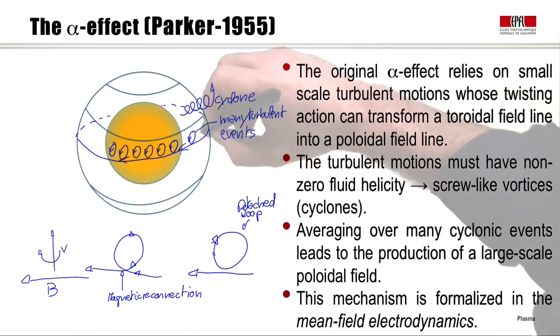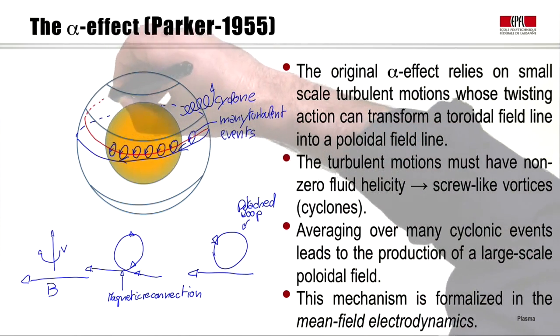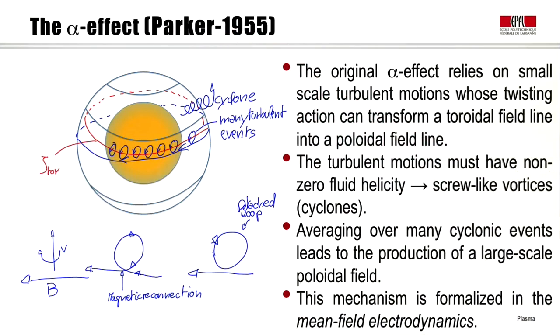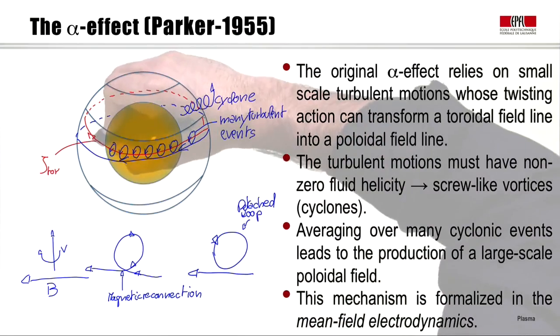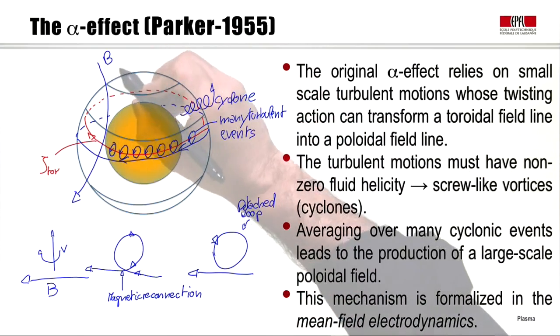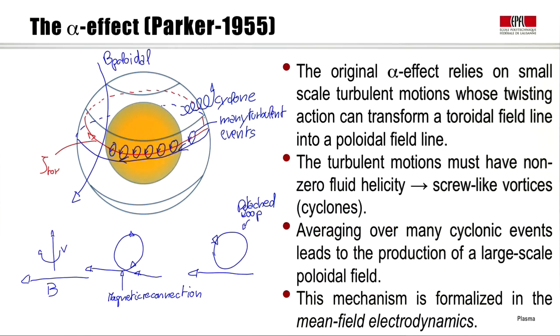This can be observed in this figure, where the combination of many turbulent events results in an equivalent generation of a toroidal current, a microscopic toroidal current, which in turn would produce a large-scale poloidal magnetic field. This mechanism has been formalized in the mean field electrodynamics.